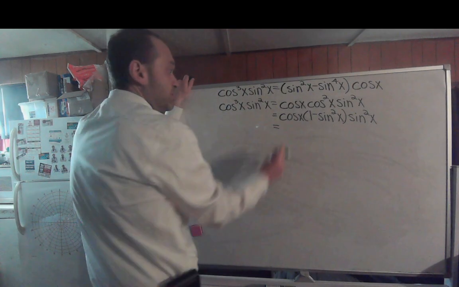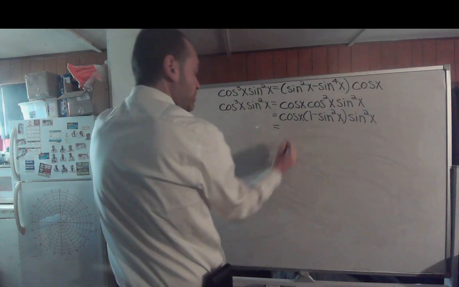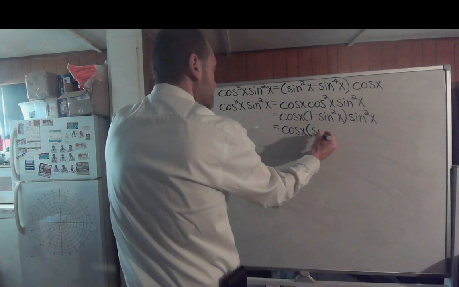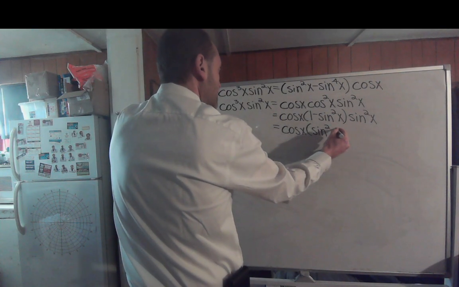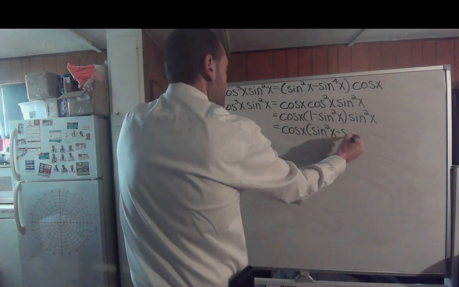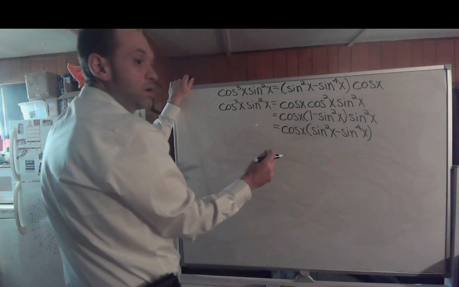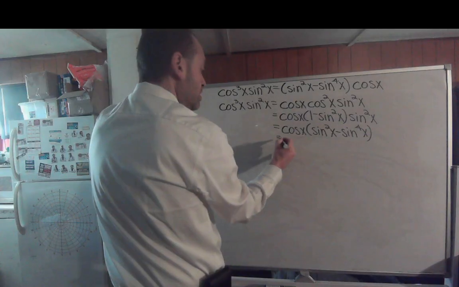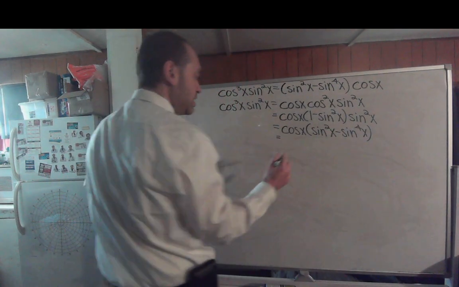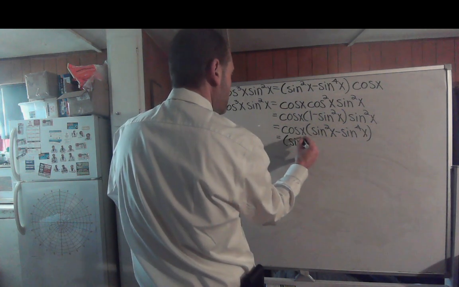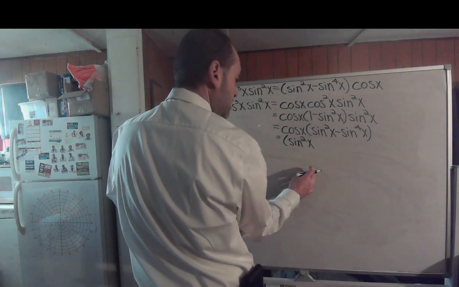So now you distribute that sine squared of x through your parentheses, and you end up getting the cosine of x times the quantity of the sine squared of x minus sine to the fourth of x. Which would equal, then we can redistribute this. Sorry, I heard a funny sound for a second. I wanted to make sure everything was okay.